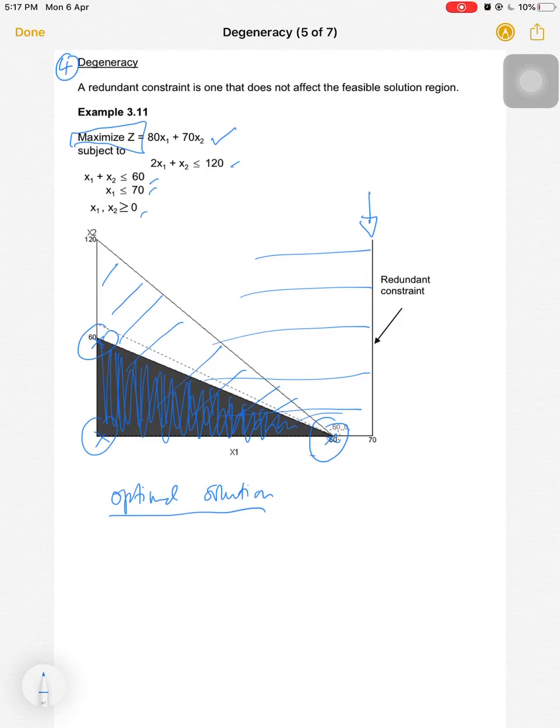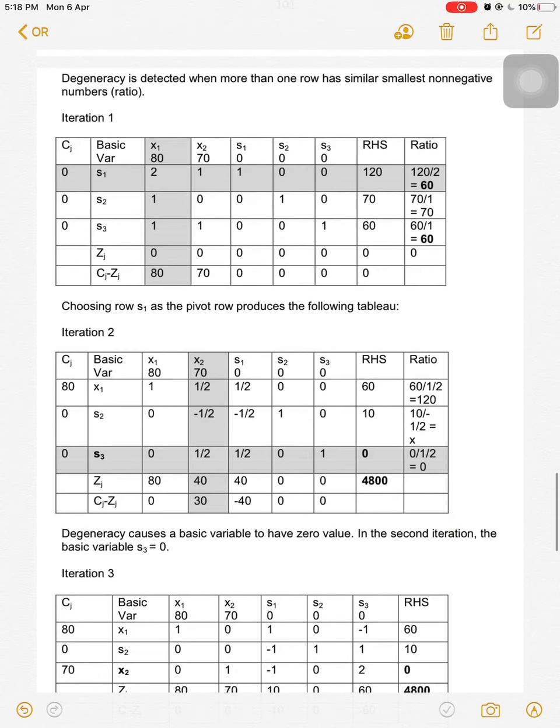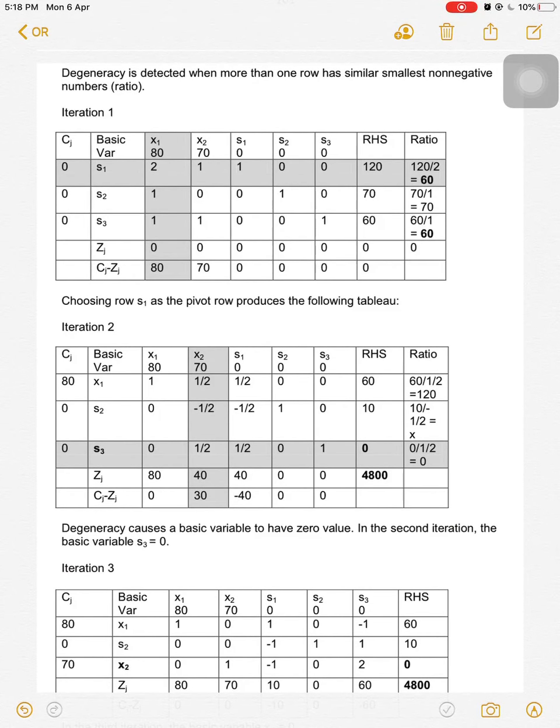But the constraint x1 less than 70 does not affect the solution area. So you have an optimal solution, but at the same time we have a special case, which is a redundant constraint. Okay, so the last one, degeneracy for the simplex method.